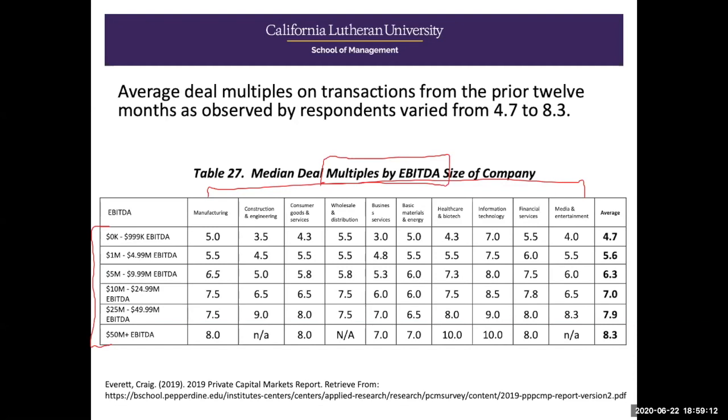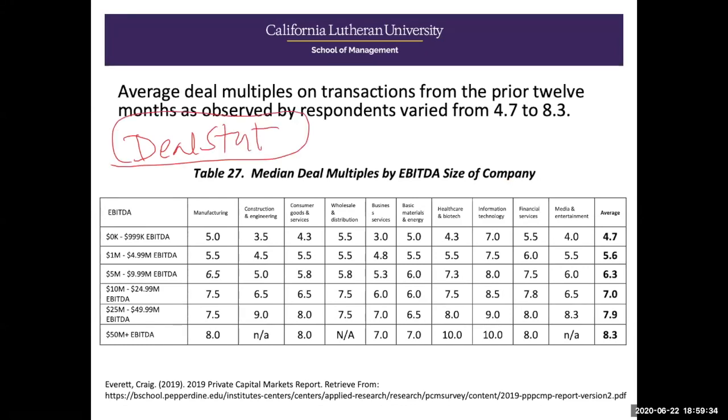And this is the most recent Pepperdine University survey, which you have a copy of for your case study this week. So keep that in mind. The other thing, previously I think it was Jeff who mentioned using DealStat.